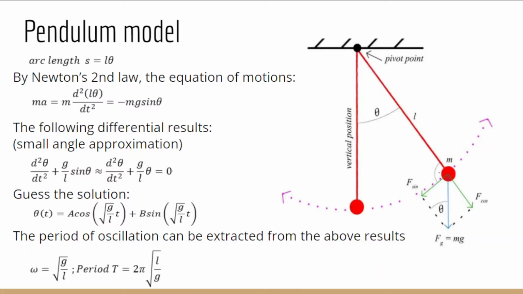Omega is the angular frequency, and the angular frequency equals the square root of g over L. Then we can derive the period T, which is 2 pi over omega, and it becomes 2 pi multiplied by the square root of L over g.